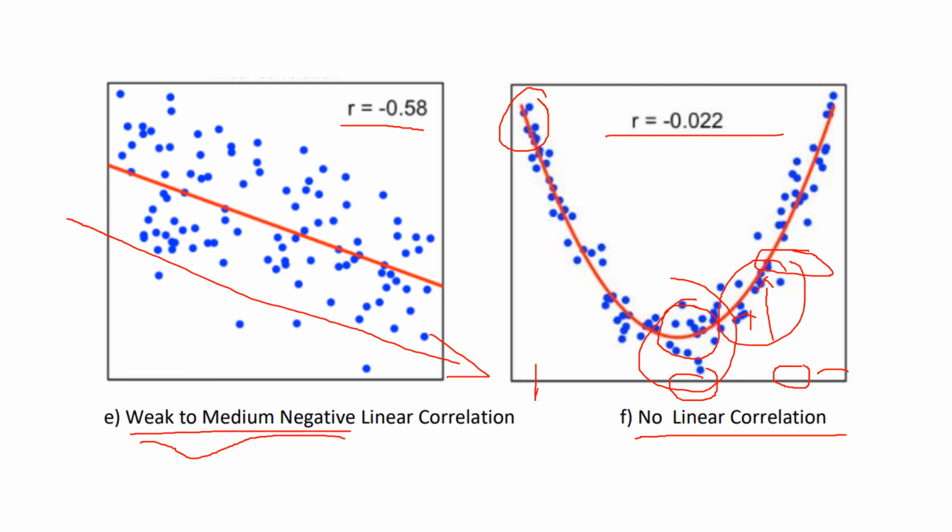There is no such pattern that if your x increases, your y also increases, and if your x decreases, your y also decreases. So there is no such thing in this graph. That's why we consider this a nonlinear correlation, in a way that your points follow a behavior like a parabola or any curve.